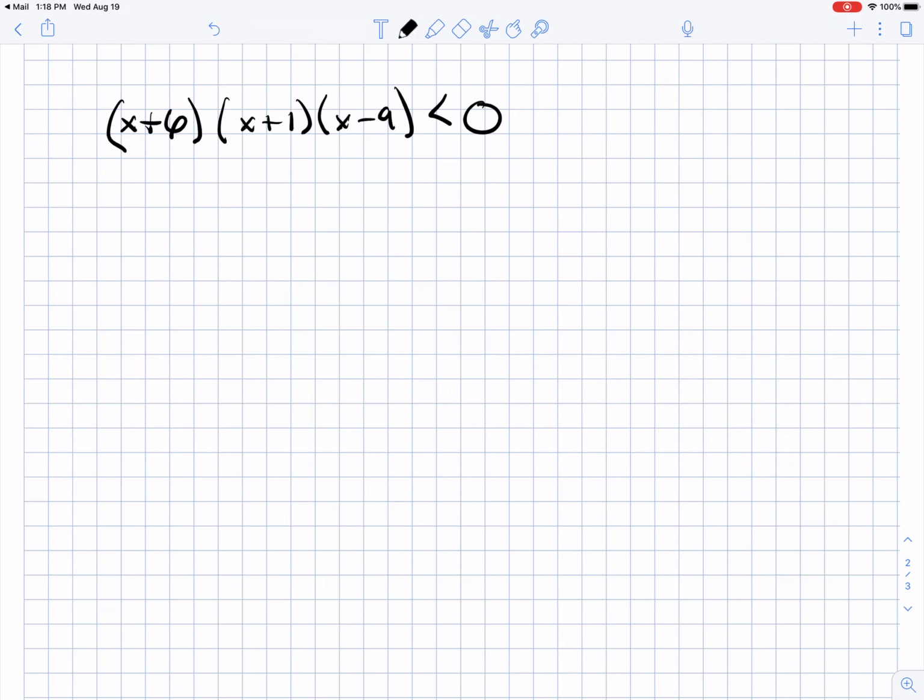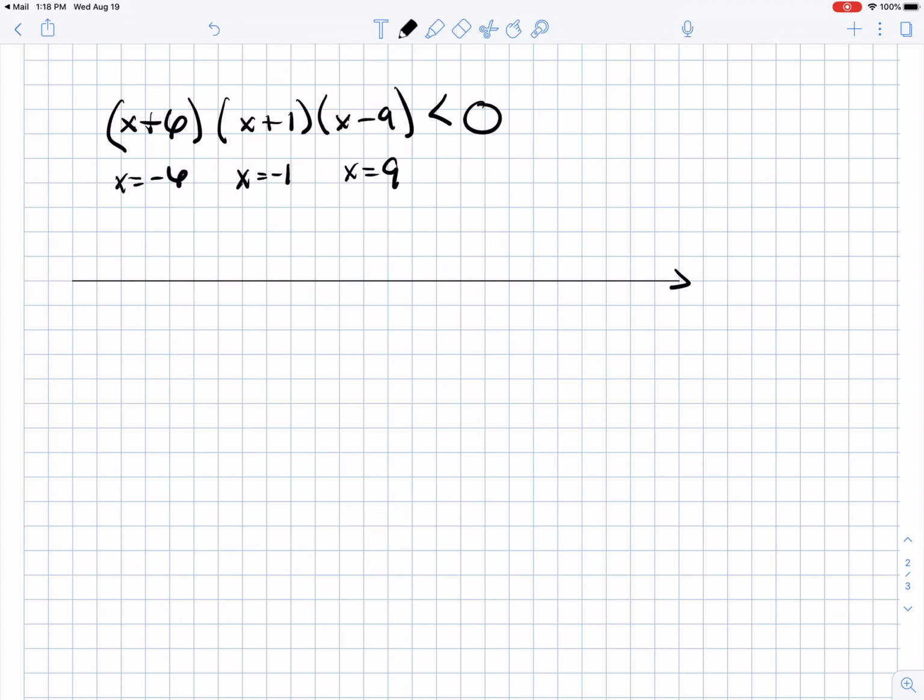We would get 3 solutions, so you can get the key numbers fairly quickly. X equals negative 6, x equals negative 1, and x equals 9. Those are our key numbers.